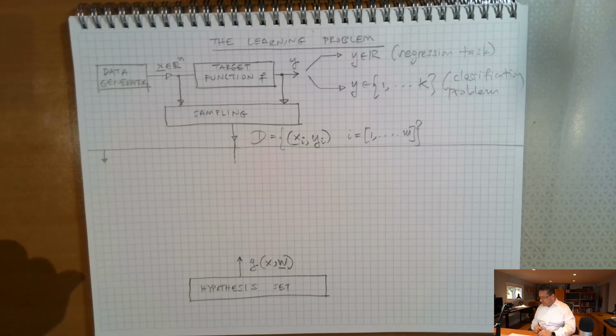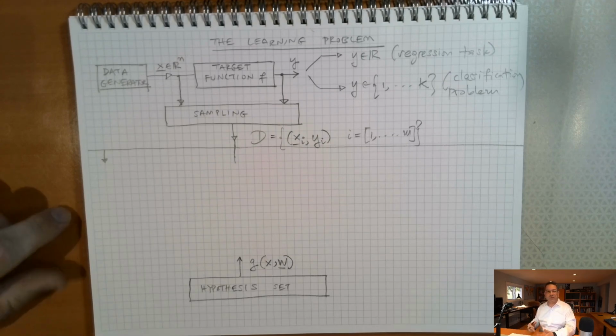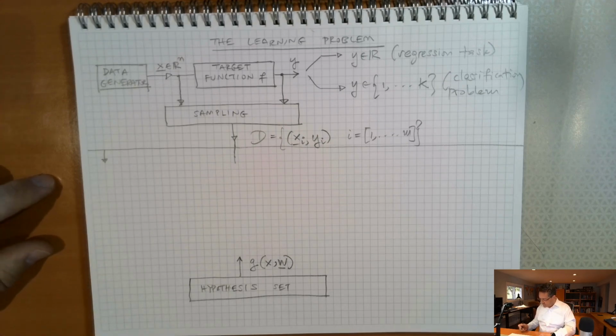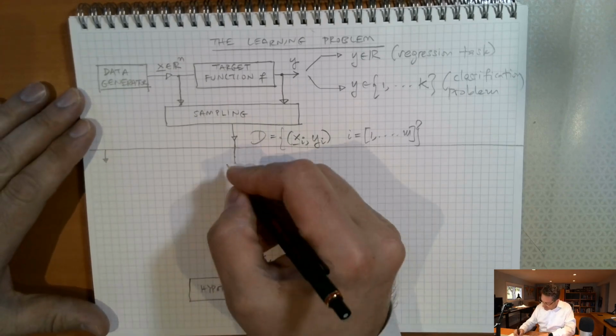But for now, let's keep it at W. And actually, later on in the next video, we'll start plotting some of these parametric functions to understand exactly what kind of degrees of freedom W provides to us. So for now, think about the g as something that will ideally resemble f. And how can we actually resemble a function we have absolutely no information about? So we'll see how that goes.